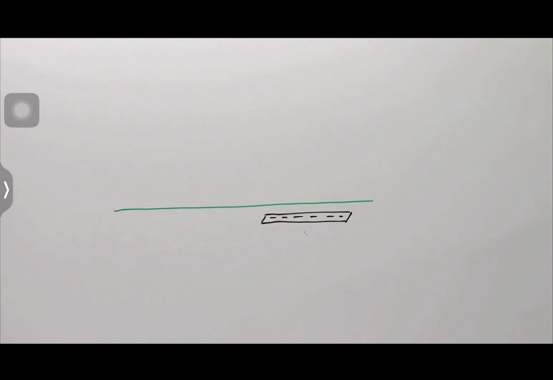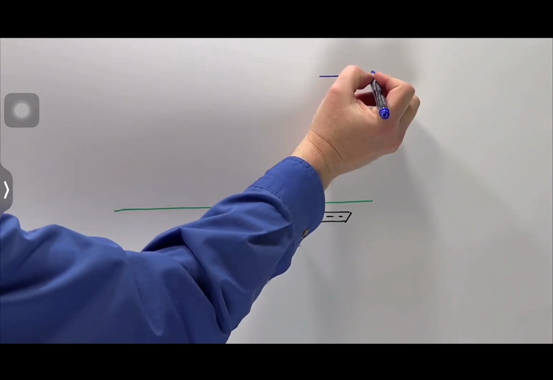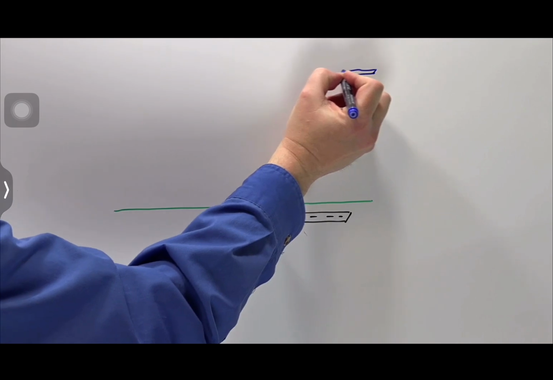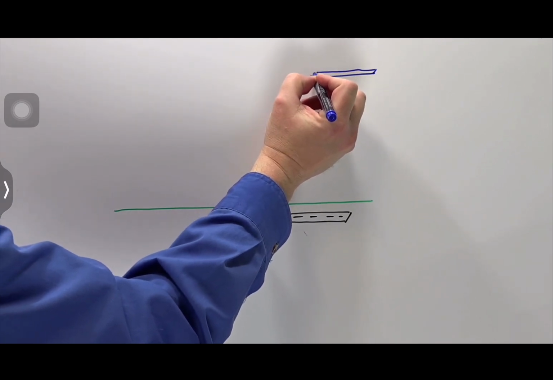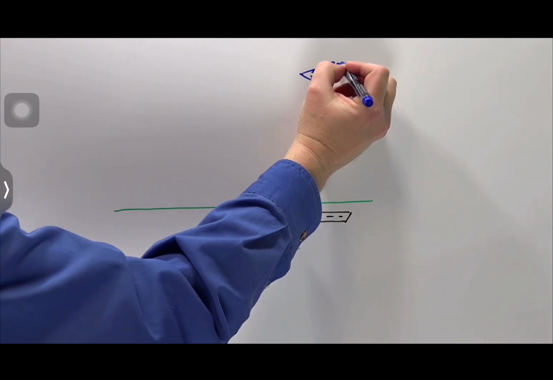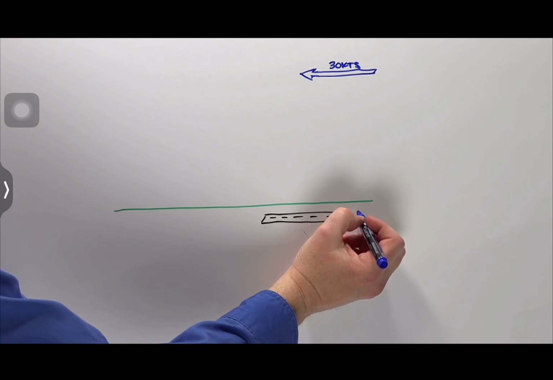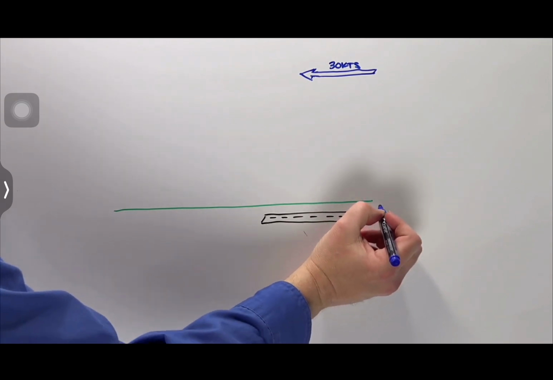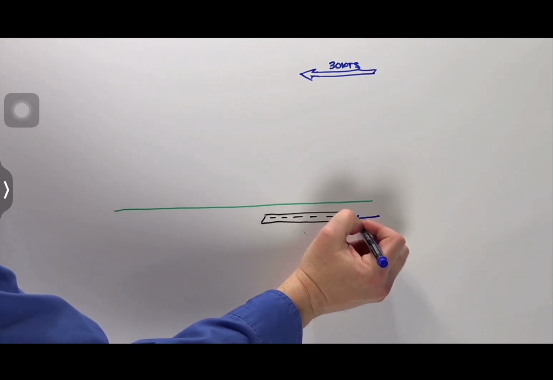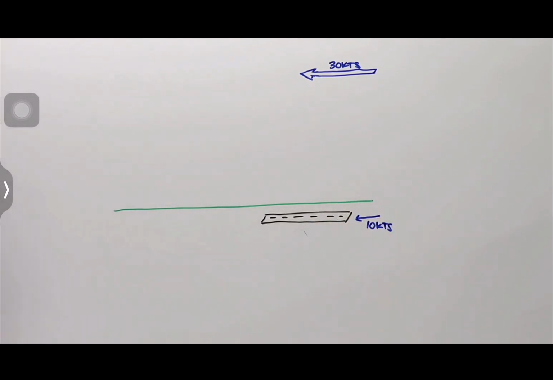Meanwhile, aloft we've got a very, very strong wind, on the order of maybe 30 knots. Down nearer to the surface, if we measured the winds, they're only 10 knots.